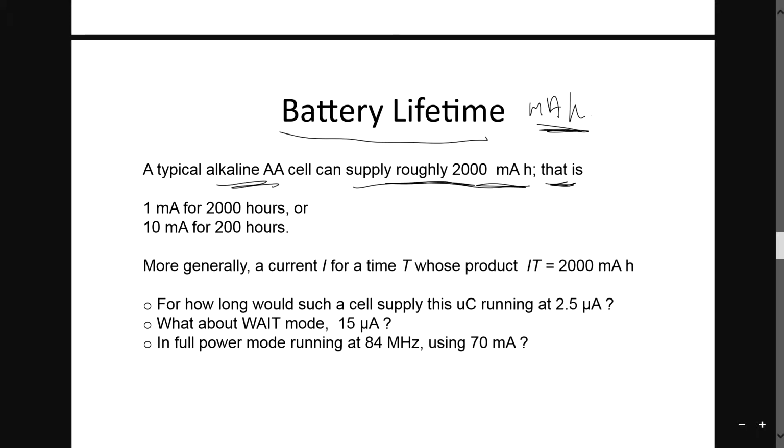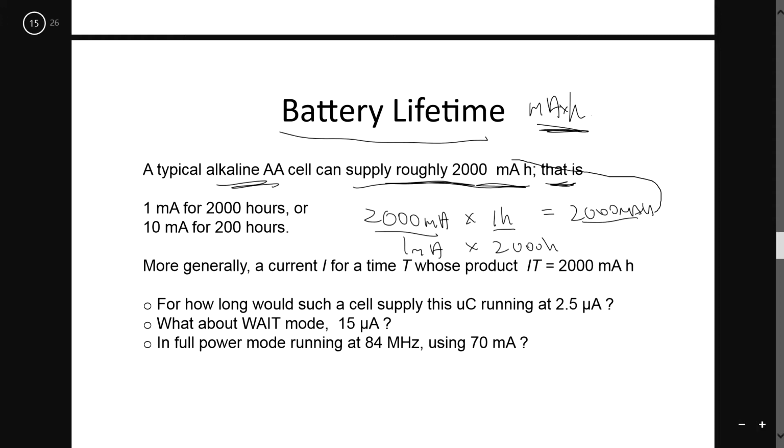It can supply either 2000 milliamps for 1 hour, or 1 milliamp for 2000 hours. So it's simply milliamps times hours. If I have 2000 milliamps times 1 hour, I will have 2000 milliamp hours. If I have 1 milliamp times 2000 hours, then I will have this one. This is just a calculation.